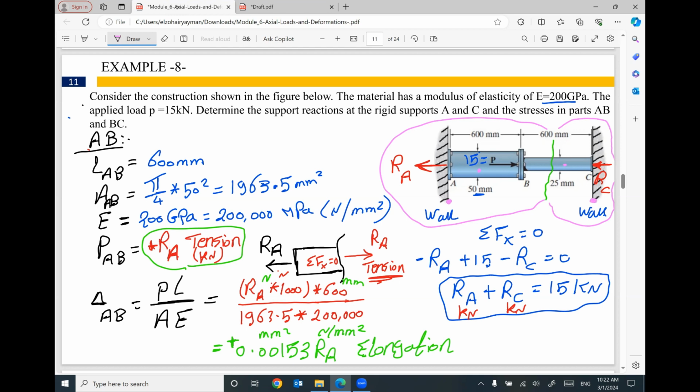We have two rigid walls. They will not allow any movement at A or any movement at C. That means any axial deformation in this part plus any axial deformation in this part must equal 0, because the total change in the axial deformation for the whole shaft will be 0.